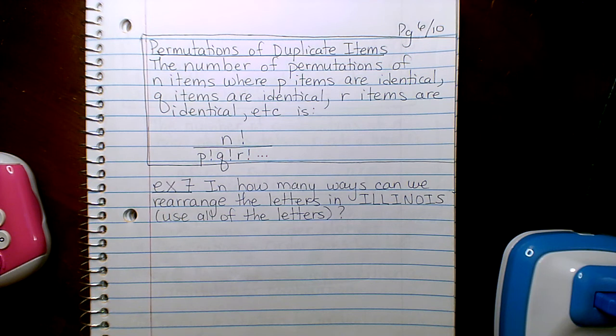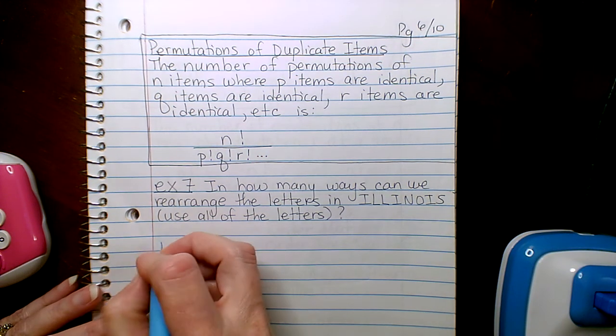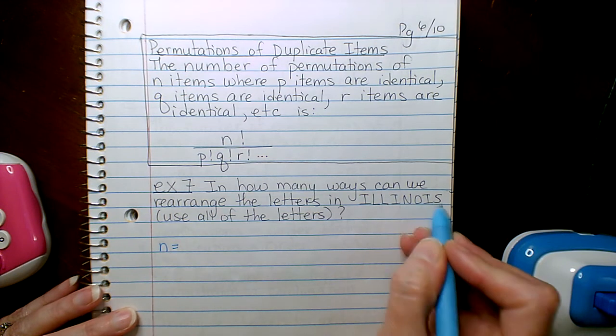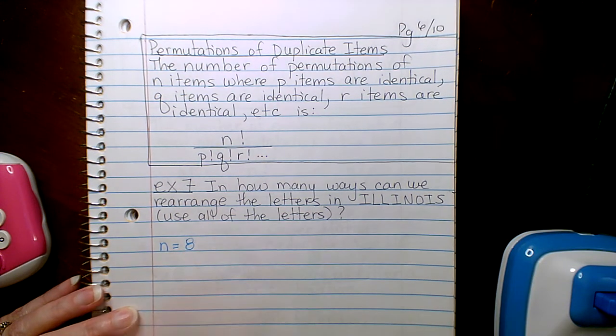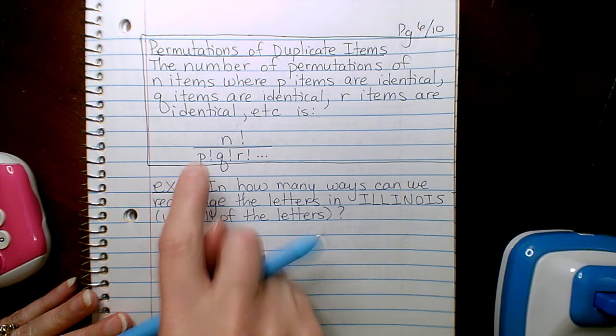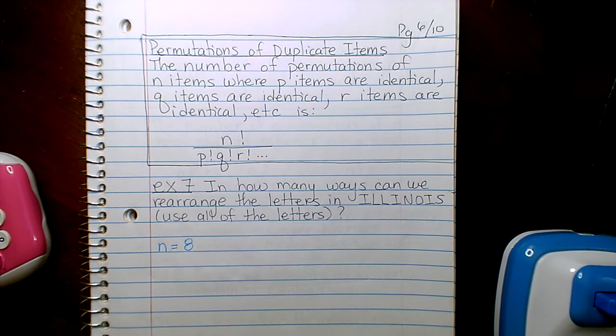Okay? So we have this rearrangement of duplicate items. So let's see. What's our n? N is the total number of letters. So 1, 2, 3, 4, 5, 6, 7, 8. Tell me about the duplicates. Okay? Now the P, Q, and R represents any duplicate letters that you may have.